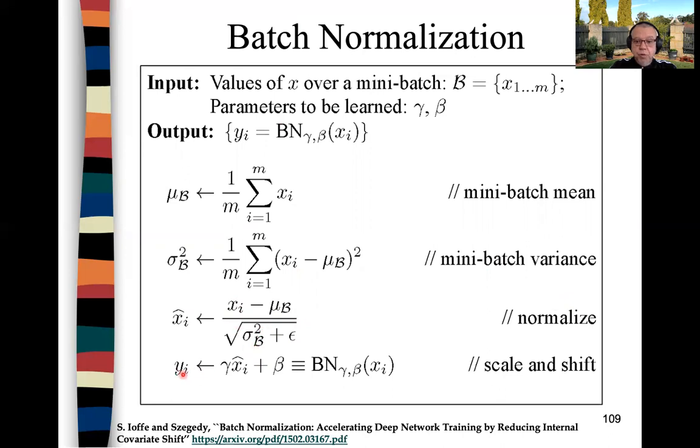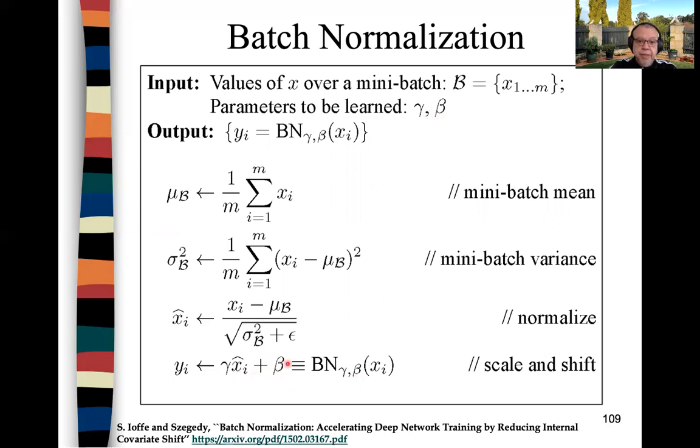But you also perform this operation: you take this normalized activation and you multiply it by gamma and beta. And these gamma and beta, you can learn them, okay?